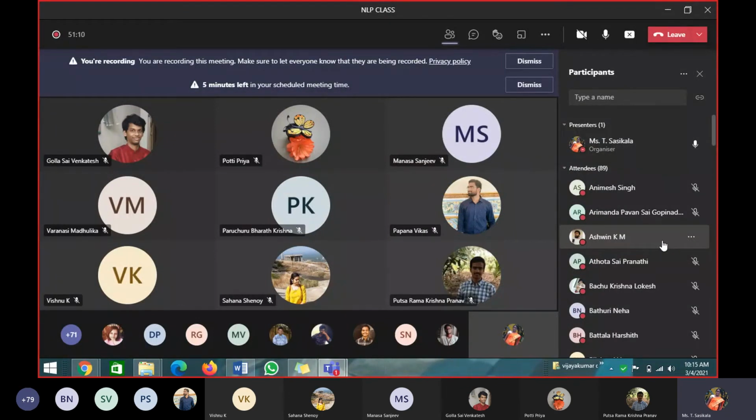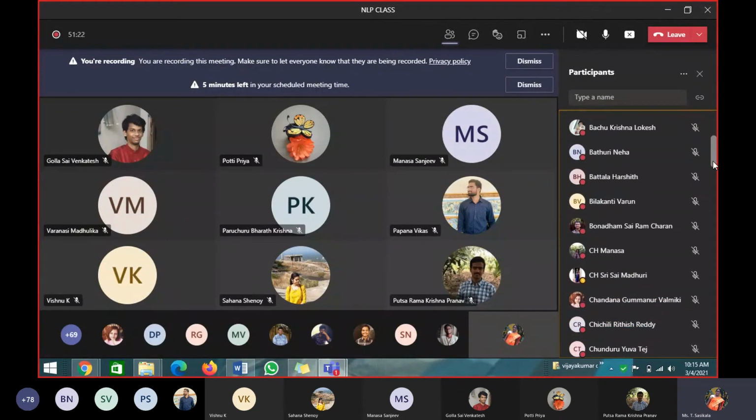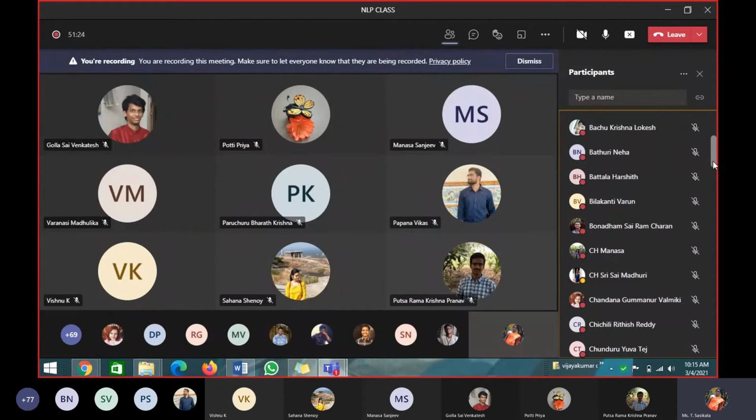Ashwin KM. Sri Sai Madhuri. Others can go ahead and multiply the values.